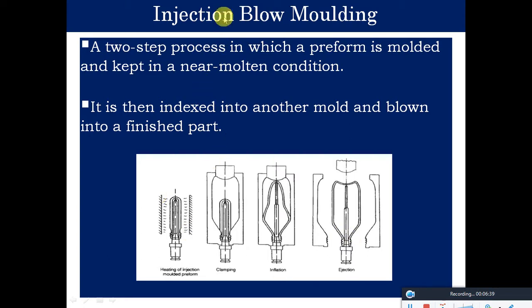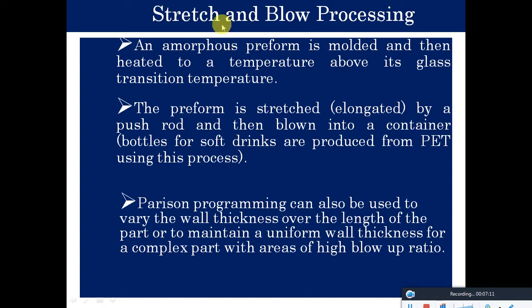The only difference between injection blow molding and extrusion blow molding is that there the parison is formed by extruding from the extruder, whereas here the basic shape of the raw material is already preformed, and then it is inserted onto the gas nozzle, so that it can expand and take the shape of this particular mold. So it is then indexed into another mold and blown into a finished product.